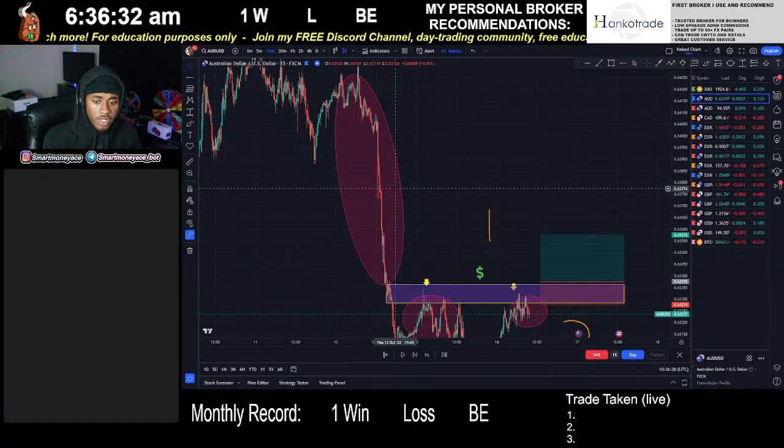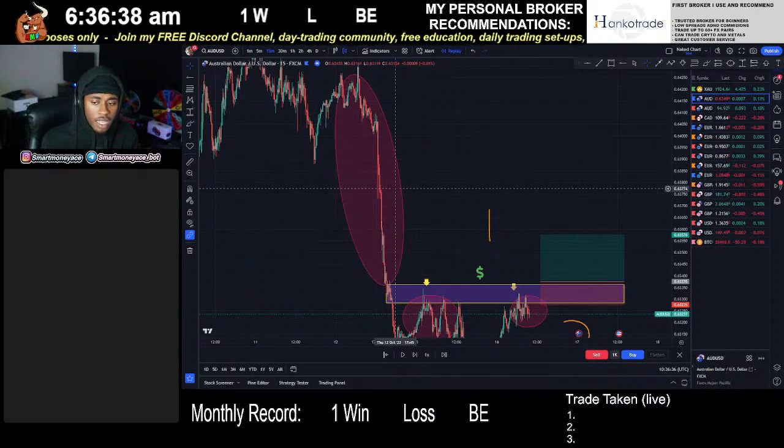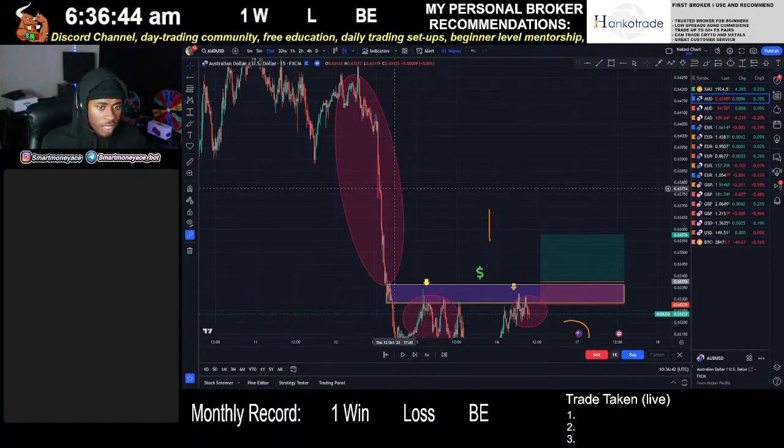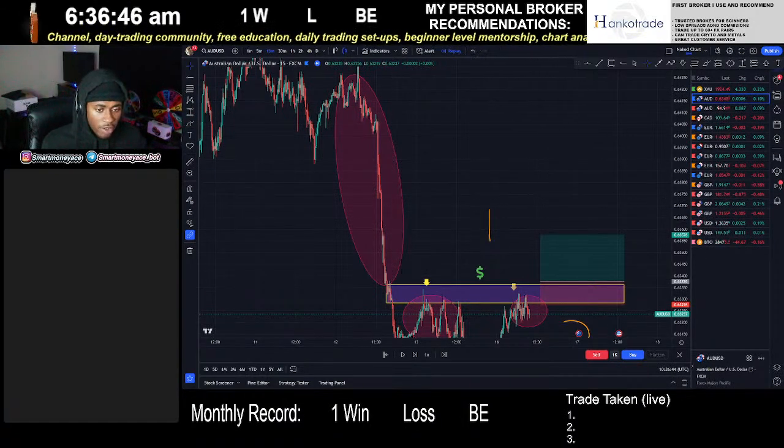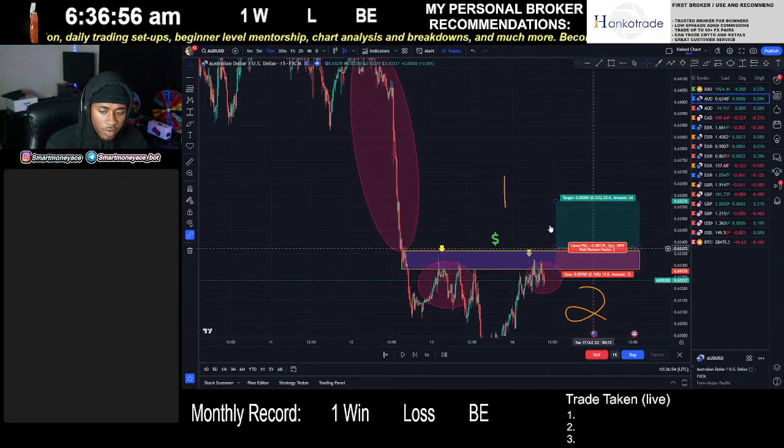Every time orders are being grabbed, that is money being taken from the losers. Every time money is generated, winners are usually putting their stop loss and entry at a certain area that a lot of people are trying to grab as well. So in this scenario, we had a lot of liquidity built up from the flip side.